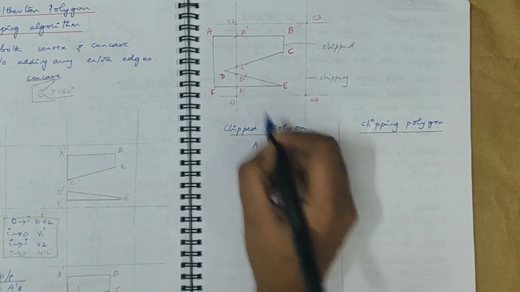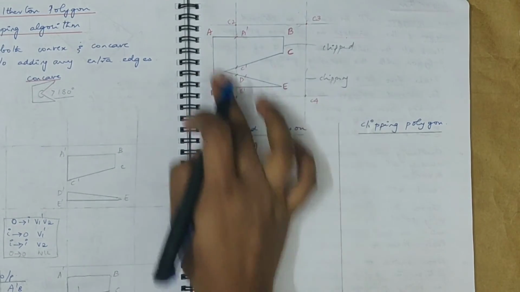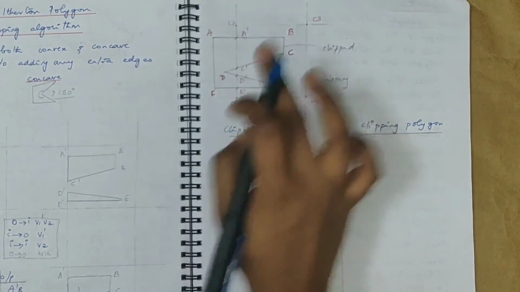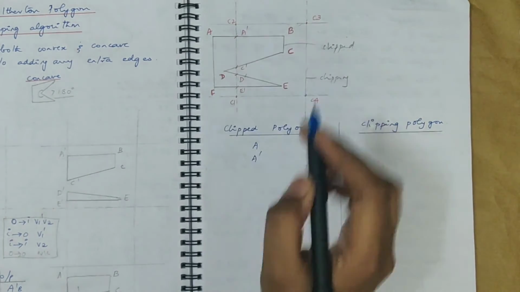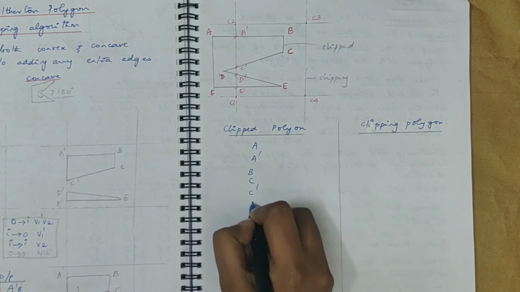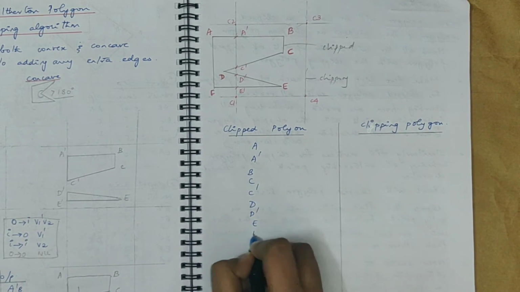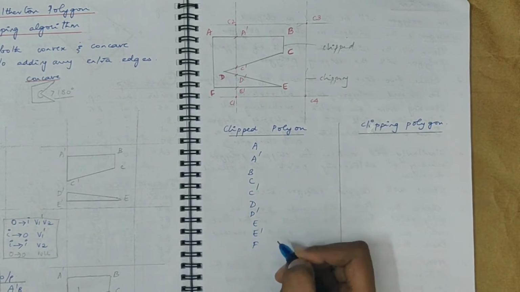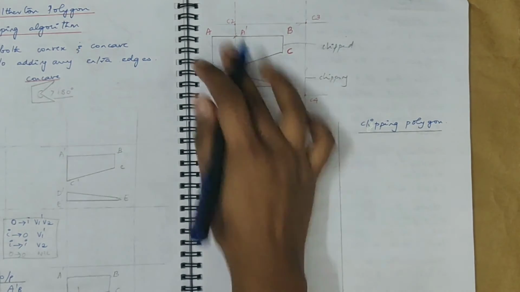Let me start from A and go in the clockwise direction: A, A dash, B, C, C dash, D, D dash, E, E dash, F. These are the vertices, including the intersecting ones, of the clipped polygon.